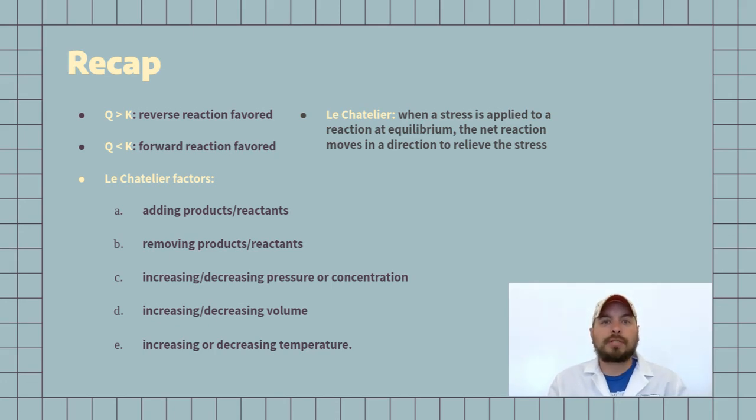We also talked about some of the different perturbations that we can do to stress a system to cause Q to not be equal to K. Things like adding products, removing products, adding reactants or removing reactants, changing volumes, changing dilutions. All of these things can be causing the Q to vary. Remember, if we change the temperature, we're not changing Q. We're just changing K from one K to another. And in a future video, we're going to cover exactly how that happens.